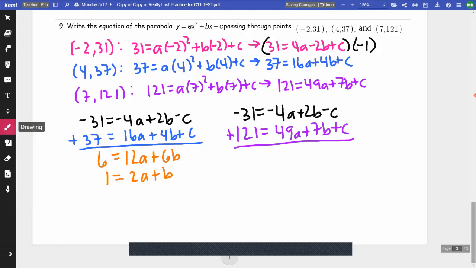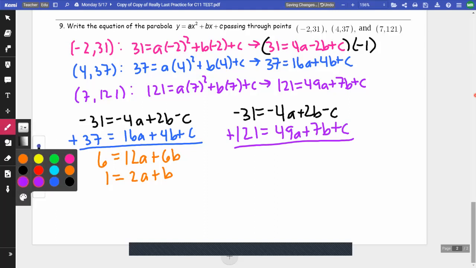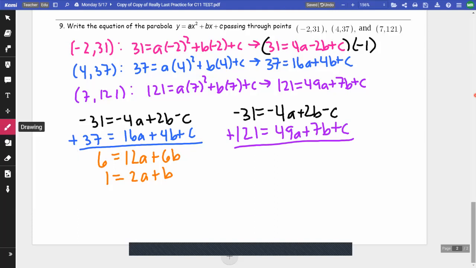And I am going to get 90 is equal to 45a plus 9b. Everything's divisible by 9, so I'm going to get 10 is equal to 5a plus b.